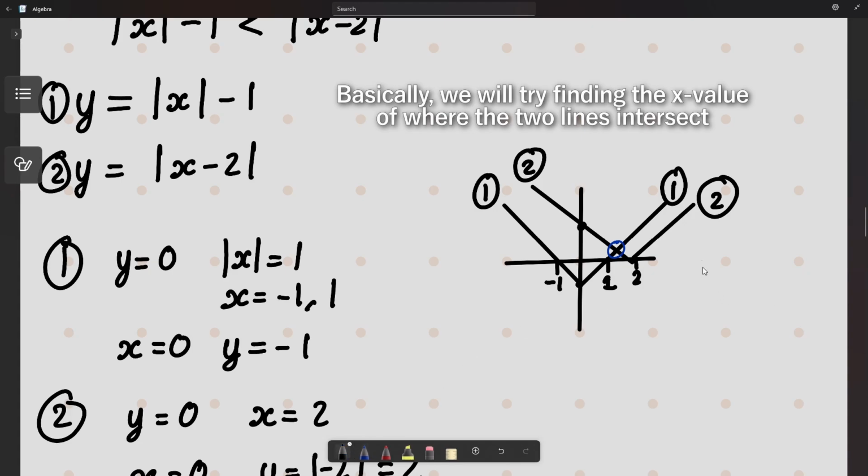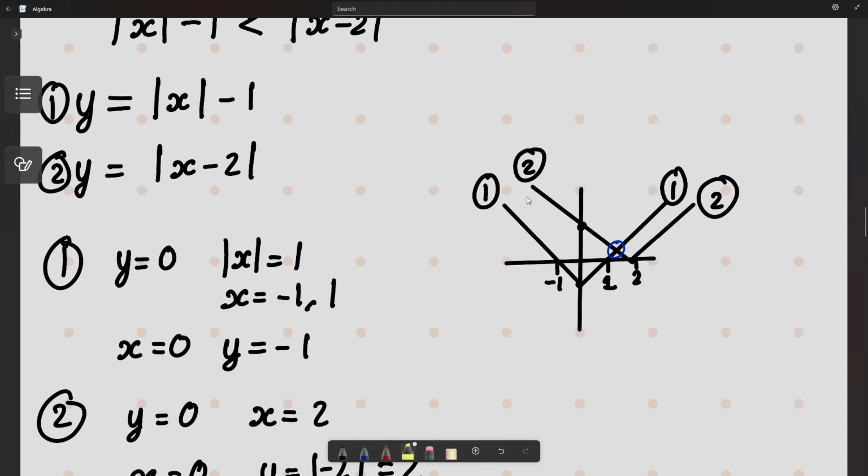Before we begin, I want you to realize that this specific line right now here is actually the negative of equation number 2 because it avoids the negative part. It was supposed to go down in the negative y region, but it's now in the positive y region.